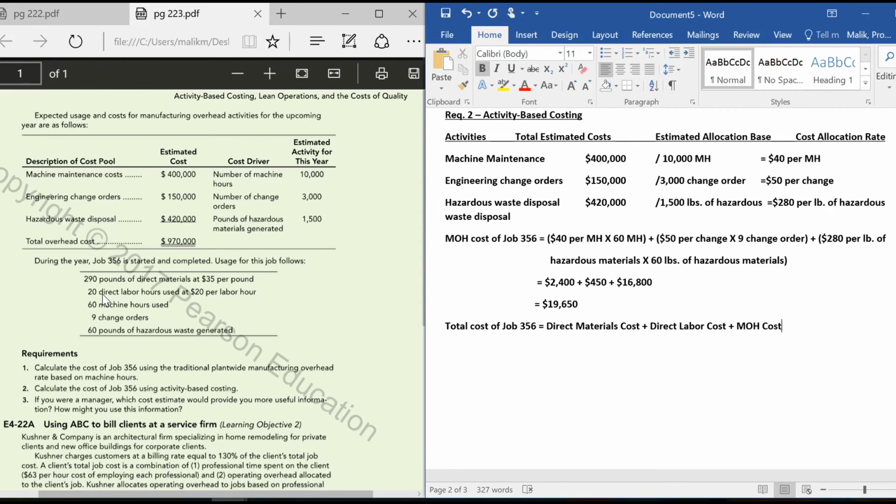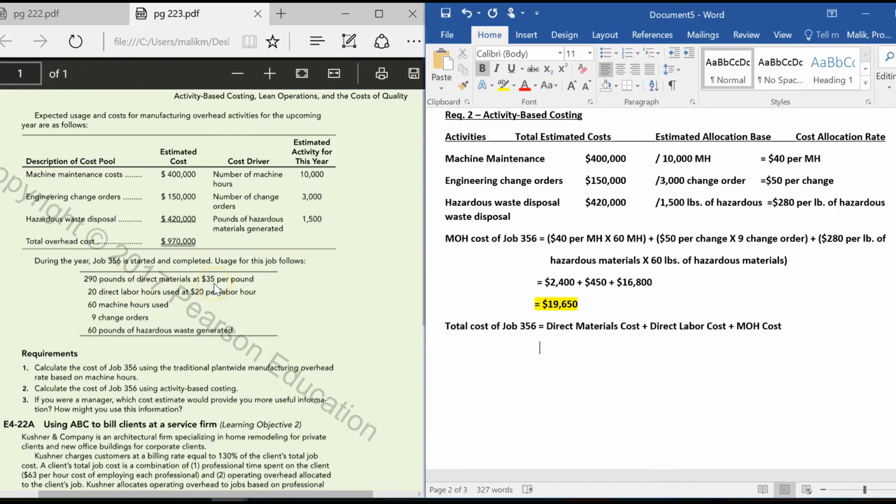So this is our manufacturing overhead cost when you use activity-based costing, and the two other costs, which are direct material and direct labor, we have the information, and those will be the same as for requirement 1. For direct material cost, we used 290 pounds of direct material.